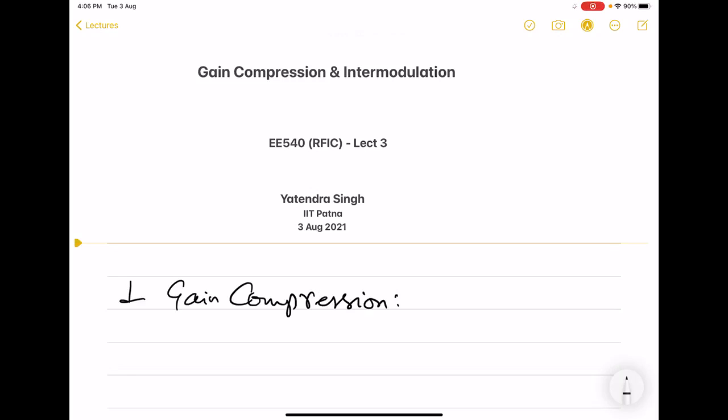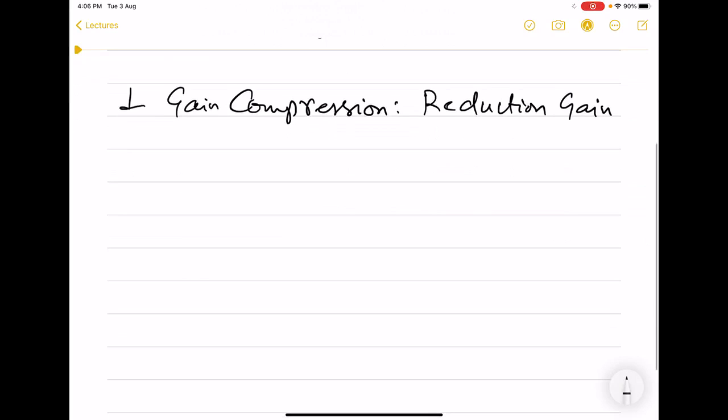Here gain compression, simple word, means reduction of gain. So this phenomena occurs when we have nonlinearity in an amplifier. So now let us take an amplifier which is being fed with input voltage Vi, and we have output voltage Vo.